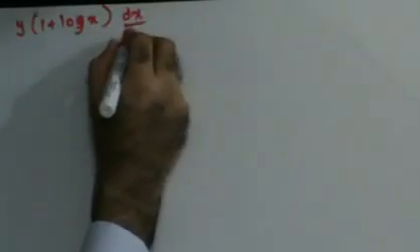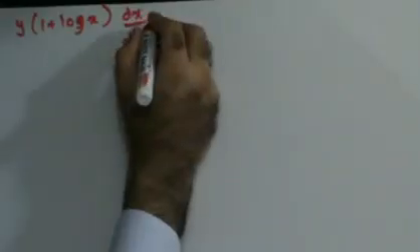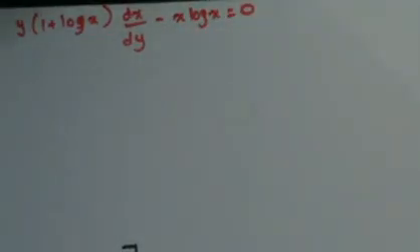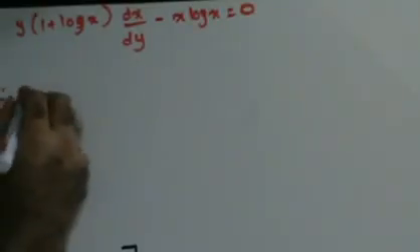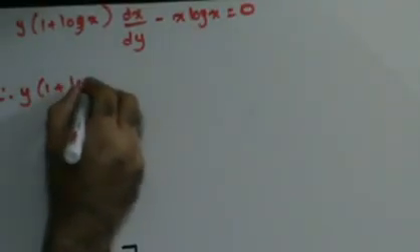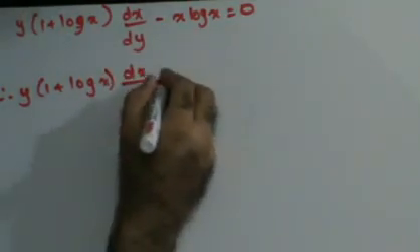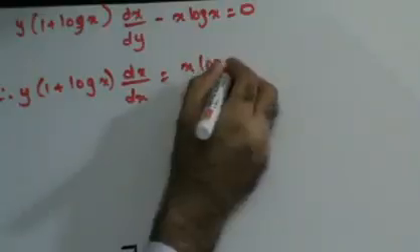They've given you the sum as y into 1 plus log x dx by dy minus x log x is 0. Now I can say that y into 1 plus log x dx by dy is equal to x log x.